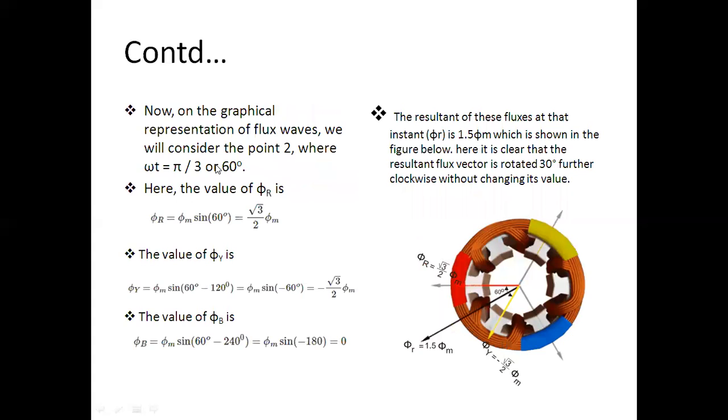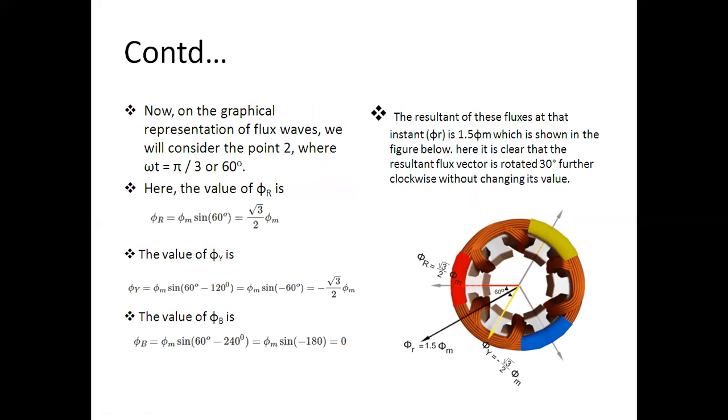Now consider the point 2 on that particular graphical representation, where omega t equal to 60 degree. The value of phi r now becomes phi m sin 60 degree, that is root 3 by 2 phi m.